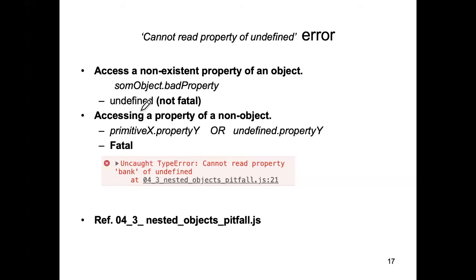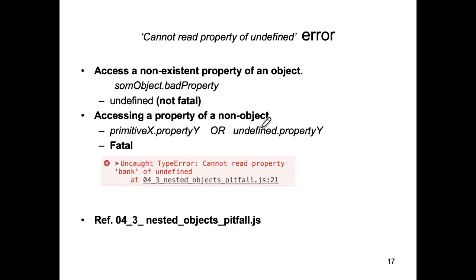However, if you try to access a property of something that is not an object, then that will cause your runtime to crash. You've accessed a property of a non-object. A non-object, I suppose, essentially is a primitive. If I have a variable that's pointing at a primitive, and I try to access a property of that, clearly that expression just doesn't make any sense. When the runtime tries to evaluate that, it will throw an exception, and your application will crash.